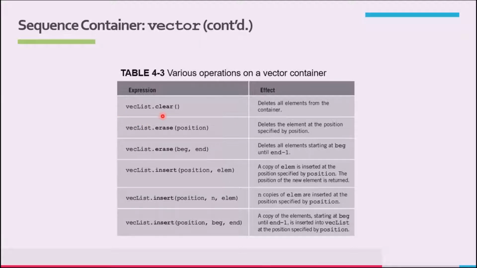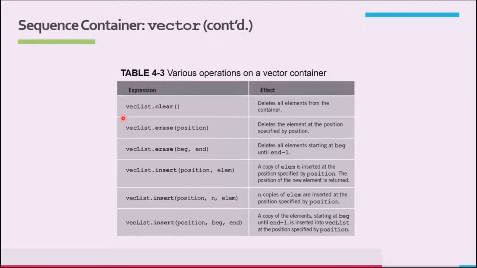So this table 4-3 shows how these operations are used. In this table, the argument position in STL terminology is called an iterator. An iterator works just like a pointer. In general, iterators are used to step through the elements of a container. In other words, with the help of an iterator, we can walk through the elements of a container and process them one at a time.